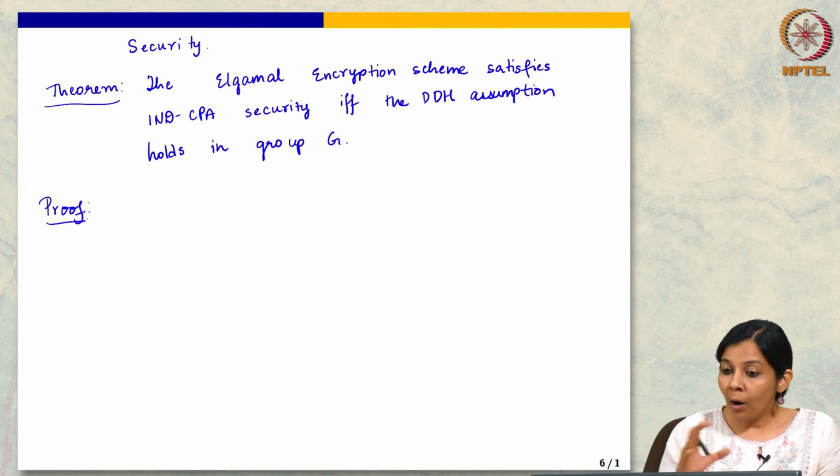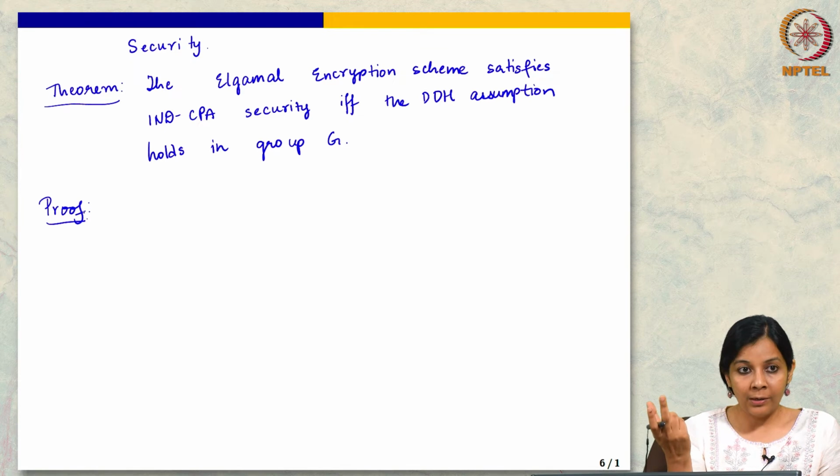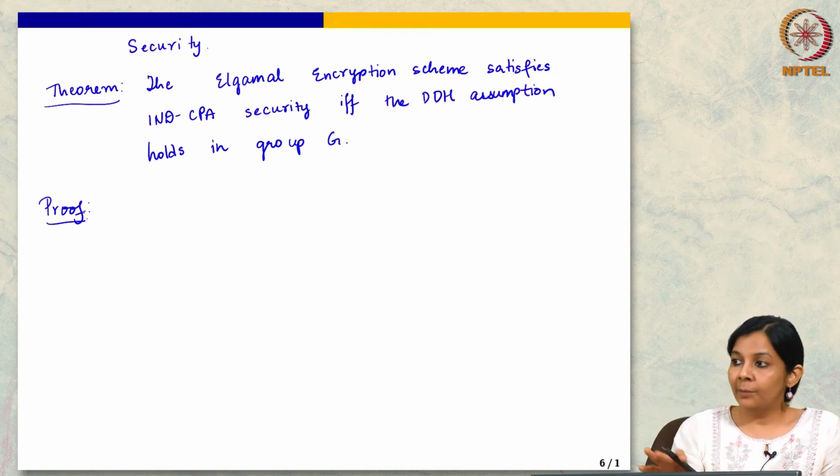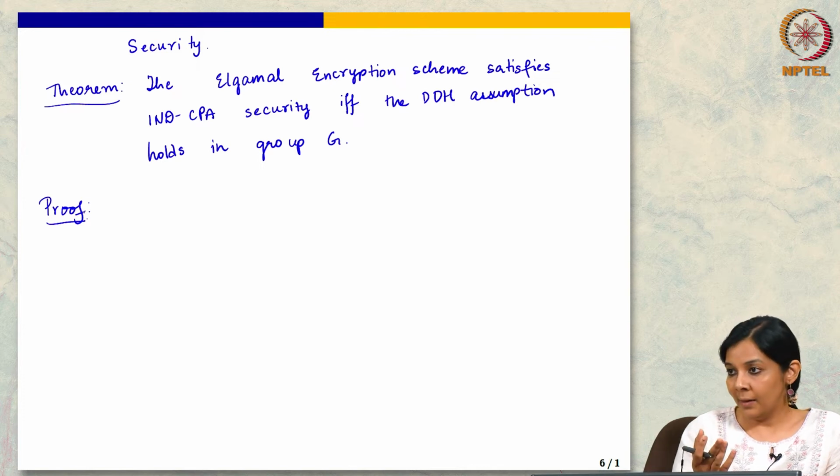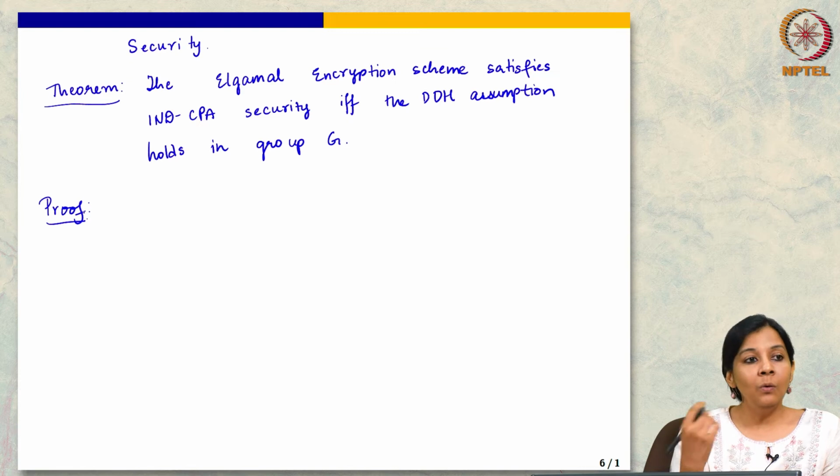What I want to do is somehow plant this question into the encryption scheme and feed it to the attacker. If the attacker can crack the encryption scheme, then I will use the attacker's answer for the bit. Remember, the attacker has to output a bit in the end, whether it got encryption of M0 or M1.